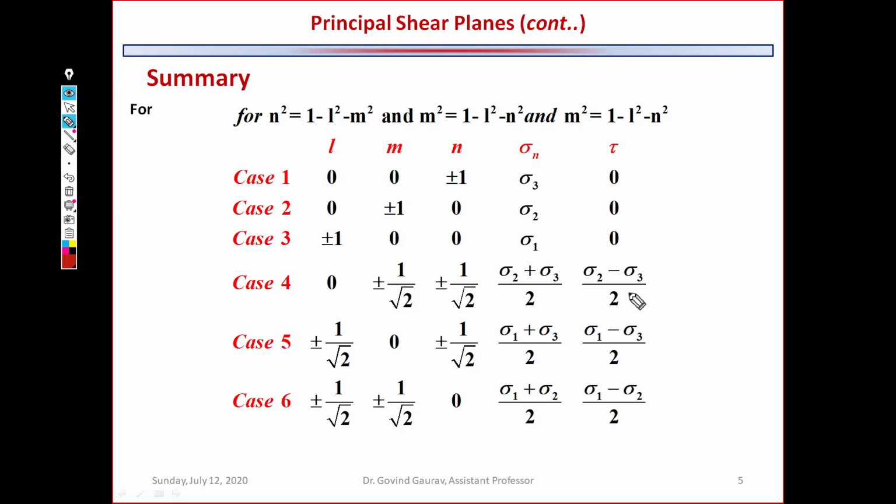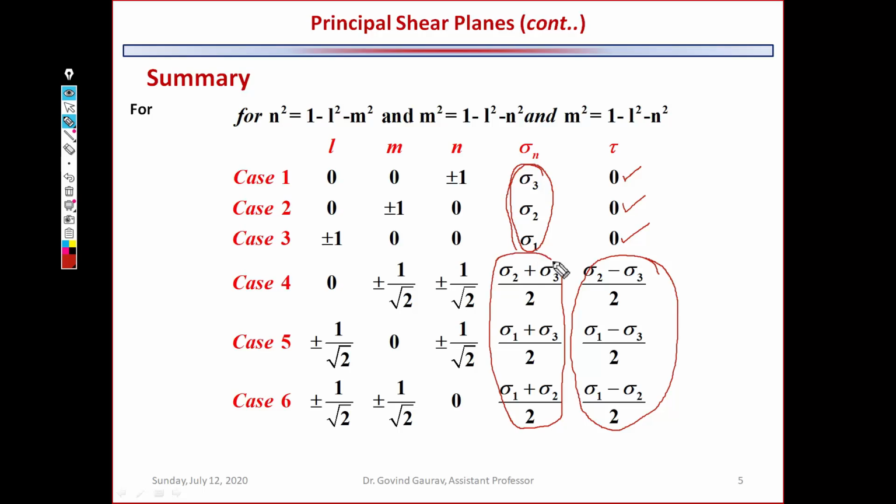So here we can observe that if only the principal normal stresses are acting, no shearing stresses act on those particular planes. And if the maximum values of the shearing stresses are acting, then on those planes normal stresses could also act.